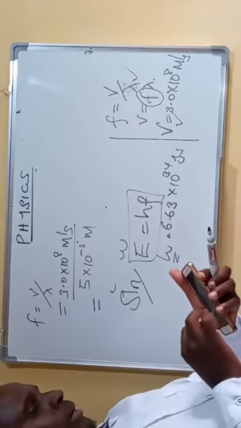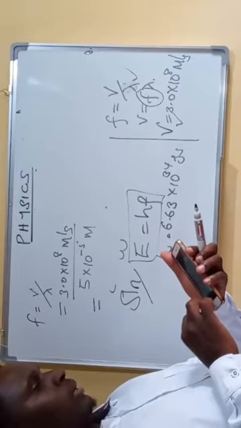So we have 3 times 10 to the power 8, divided by 5 times 10 to the power negative 5.